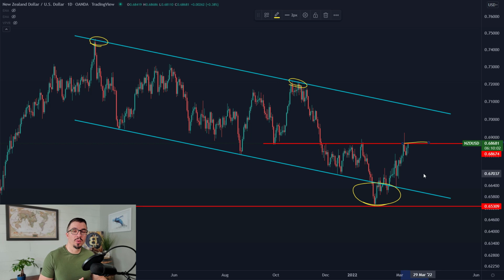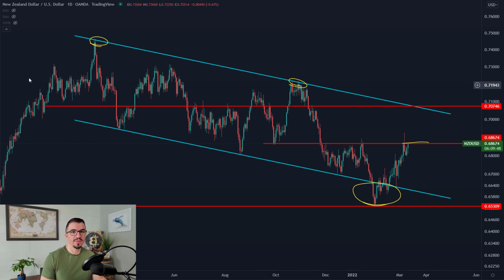Now, I do also want to point out a horizontal level that could also intersect close to the top of this channel, but not quite. This level up here has kind of served as a pivot for this market over the past few months. If you look back here, you can see it was resistance here. The market broke back above it, and then it was resistance through this area, support here, resistance once again, support, and then resistance.